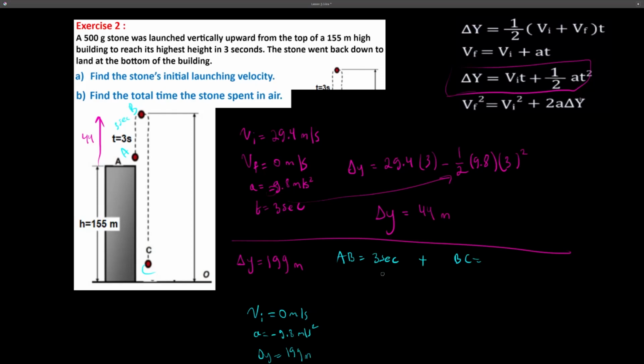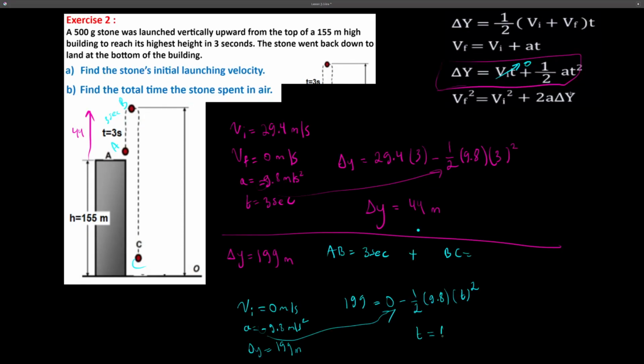Then we can use the formula: 199 is equal to 0, so this can immediately cross out because it gives us 0 for v initial times t, so it's 0 minus 1 over 2. I'm going to take the minus again and put it here instead of next to the 9.8, just easier, and then times t squared. Now all we need to do is use a calculator, and the answer is going to be 6.3 seconds.